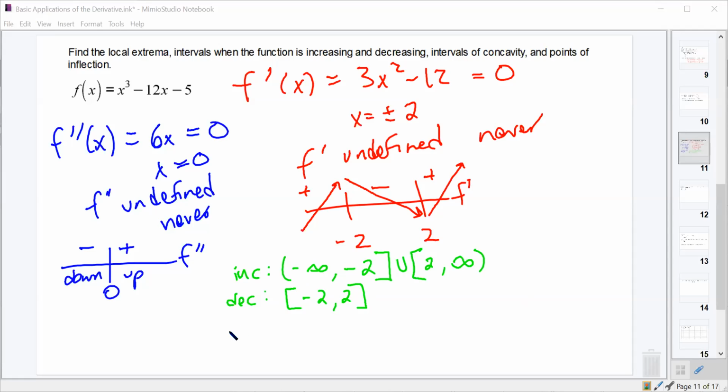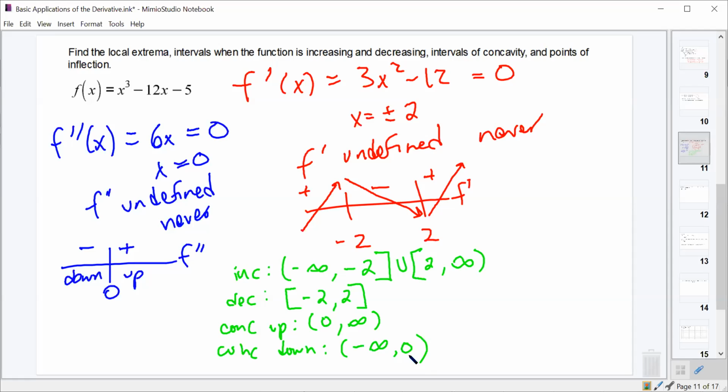All right, what about when we are concave up? Concave up should be from 0 to infinity, and concave down, and in these ones we can use the correct parentheses on it all, -∞ to 0.